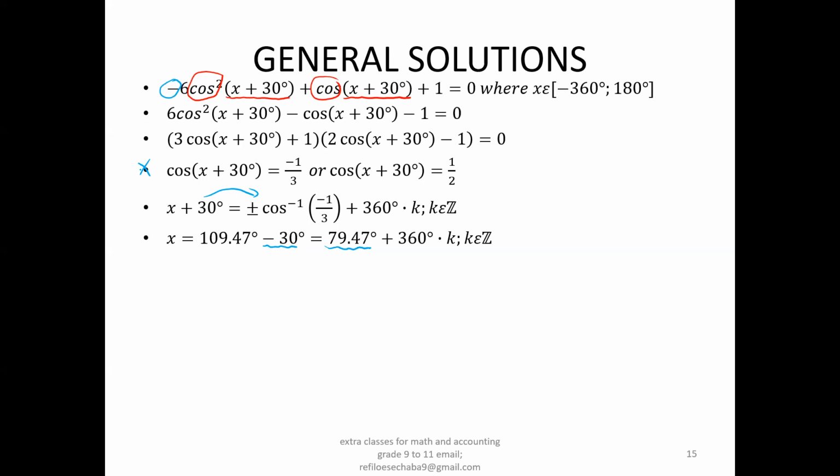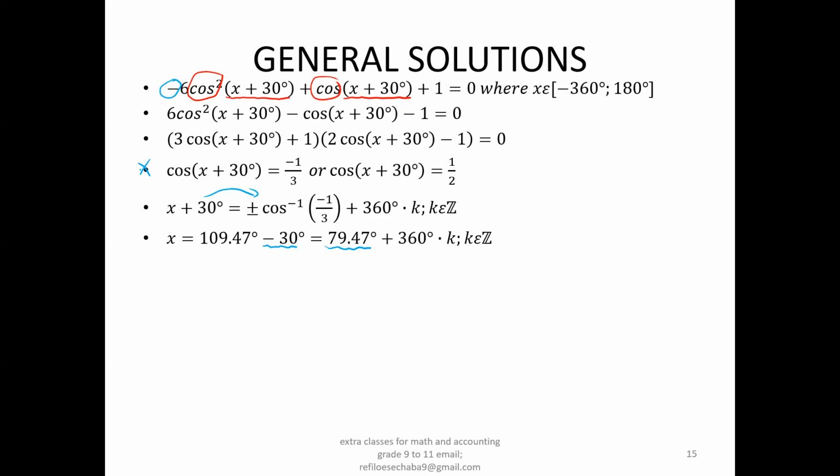Whereas x plus 30 equals a half, it would say x plus 30 equals, for the second quadrant, 180 minus the reference angle. In this case, the reference angle is 79,47.